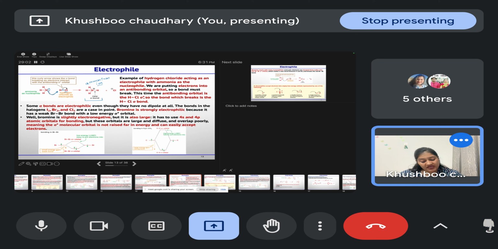Then sigma bonds are also electrophilic. For example, in the case of iodine, bromine, chlorine, when any nucleophilic species approaches these kinds of halogens, a dipole is created, and one of the halogen atoms will act as the electrophile and the other will act as the nucleophile.